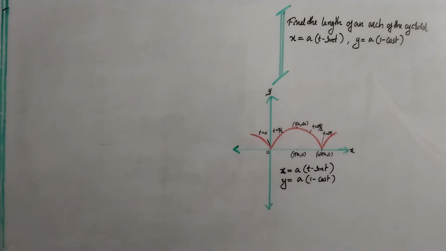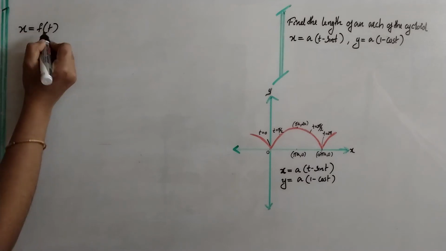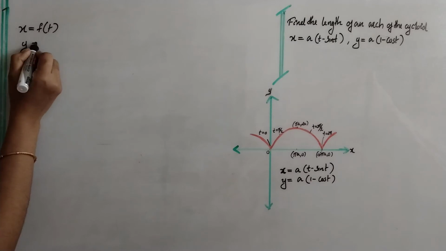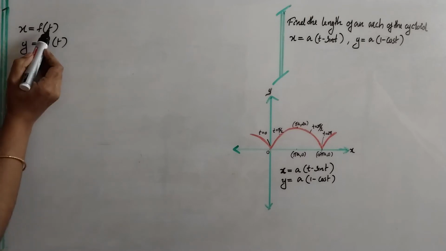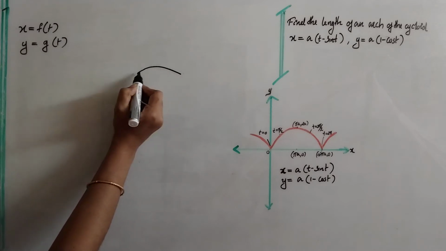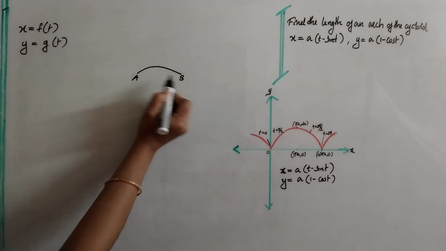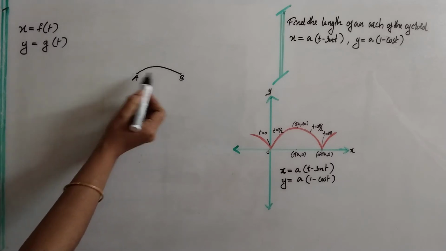in parametric coordinates. Suppose x is equal to a function of t, that is f of t, and y is equal to a function of t, that is g of t. X is equal to f of t and y is equal to g of t is the parametric equation of the curve, and t1 and t2 are the values of the parameter t corresponding to the points A and B on the curve.